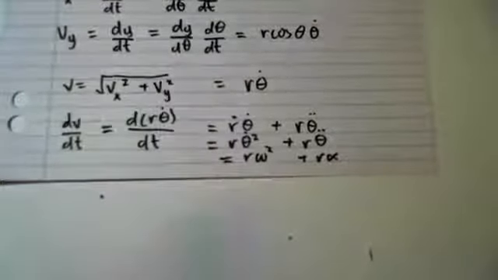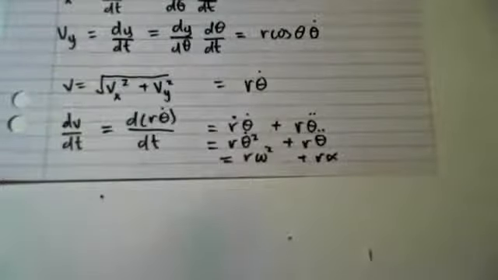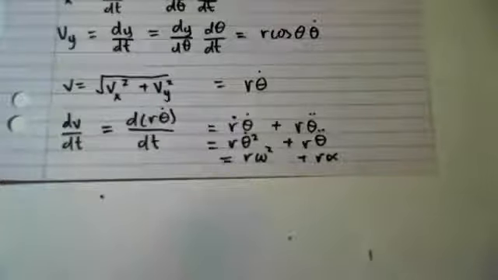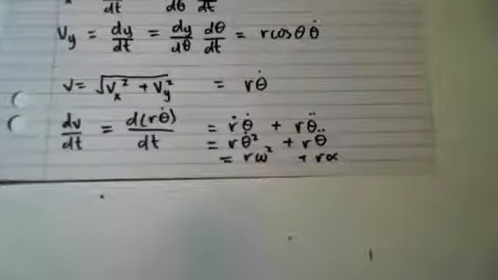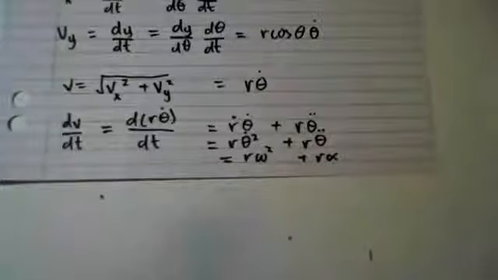Okay, now that we've defined that, the next thing I'm going to do is define what these terms are when we use vectors. If we use vectors, we can use i and j terms as opposed to components of direction like x and y.